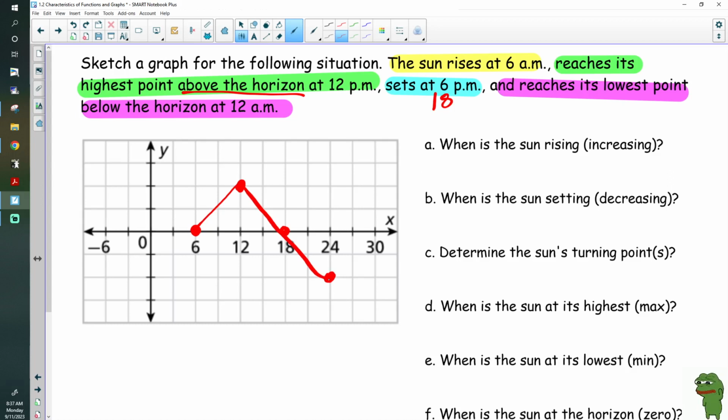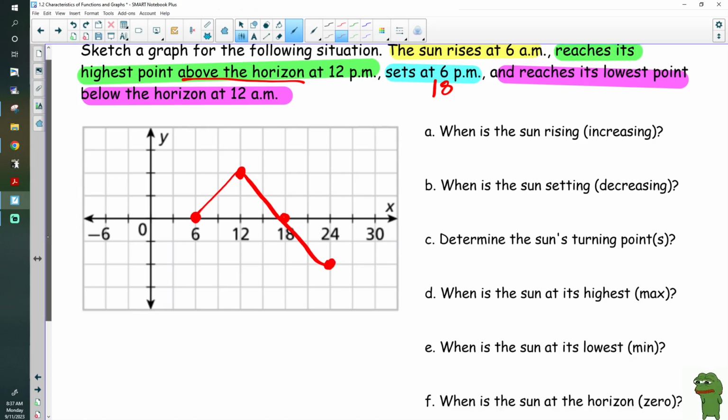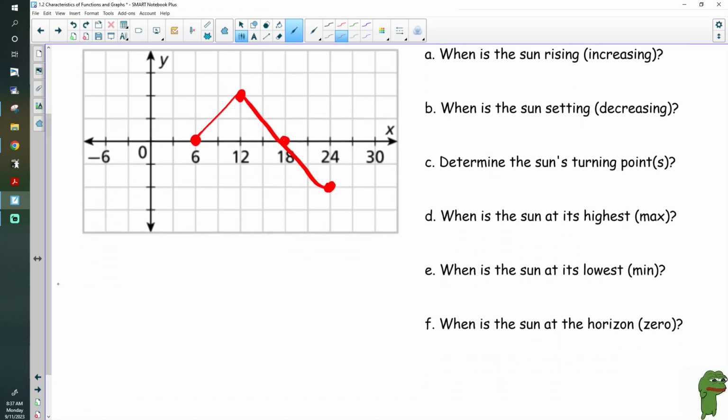Now we can definitely answer all of our questions. You can be fancy and draw a little sun even. See, there's my sun. Beautiful. Isn't it?